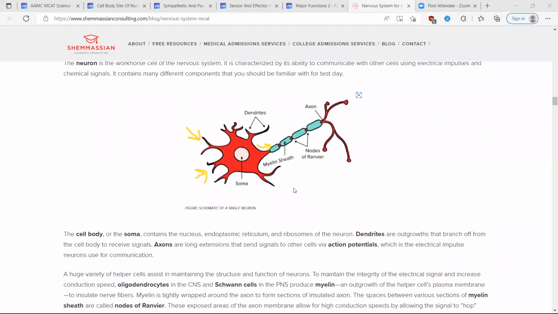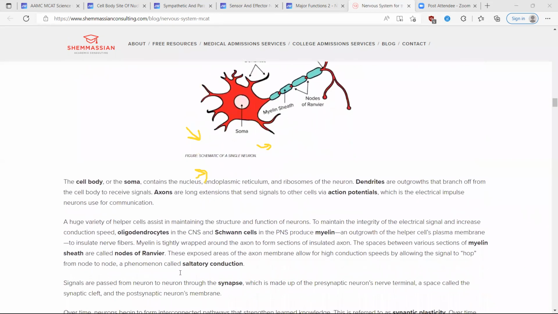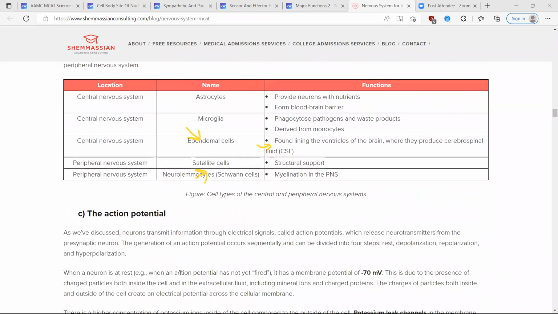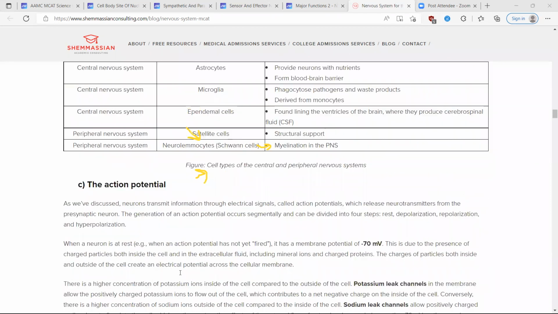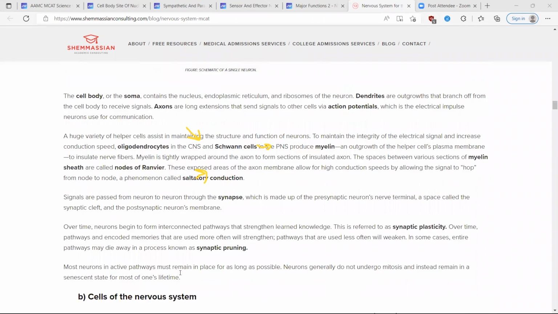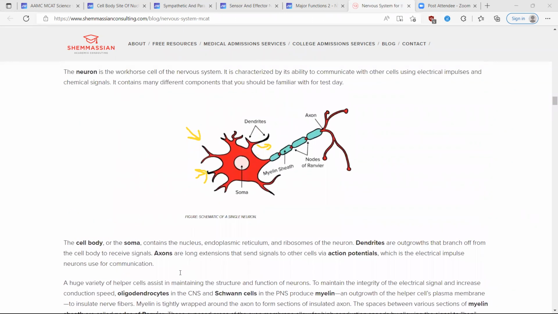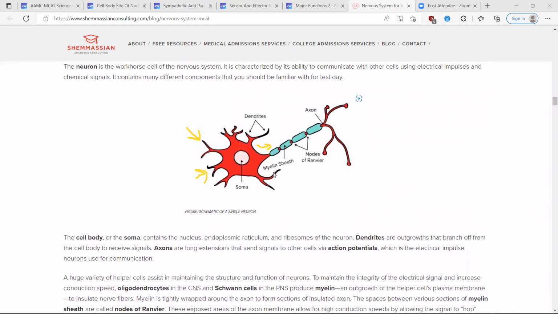Okay, so there are helper cells. Before I talk about the helper cells, I really want to talk about the action potential. Before we talk about the actual concentrations and such, let's just talk about it happening.